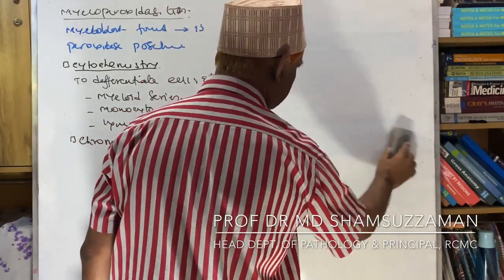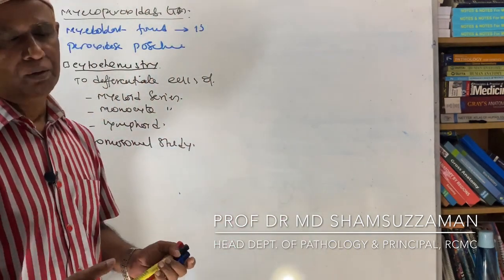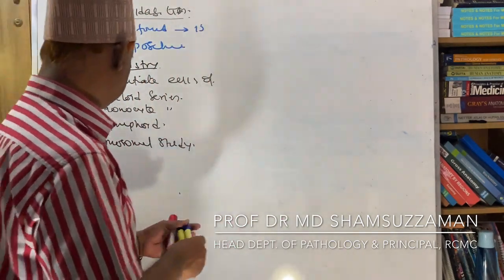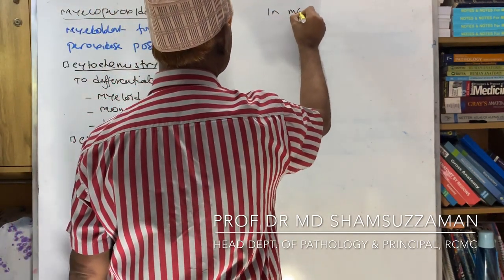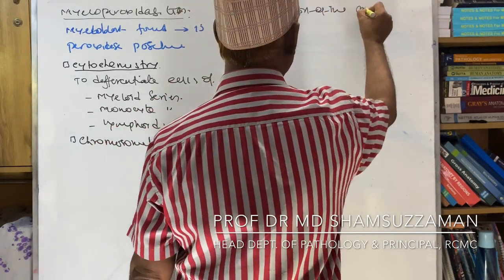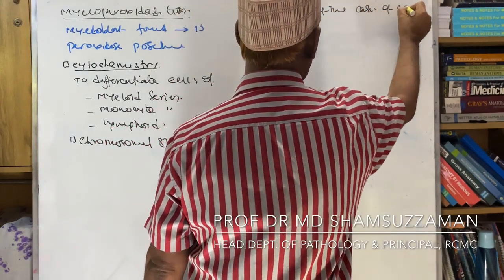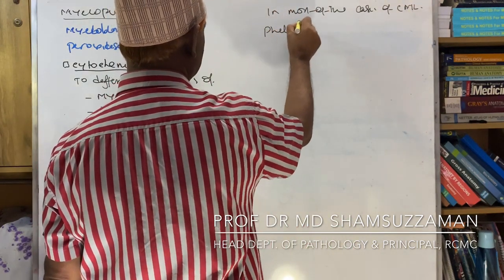In most of the cases of CML, we get Philadelphia chromosome.